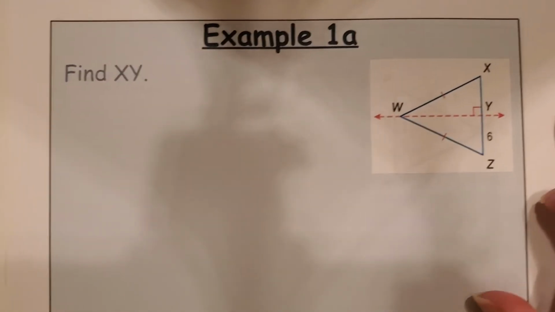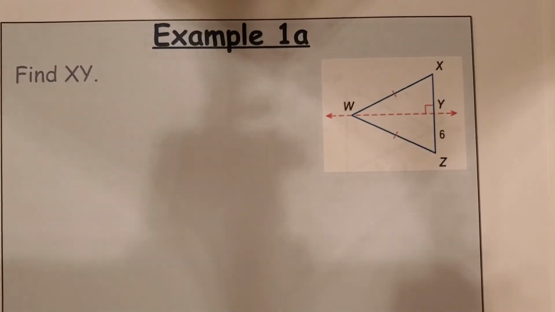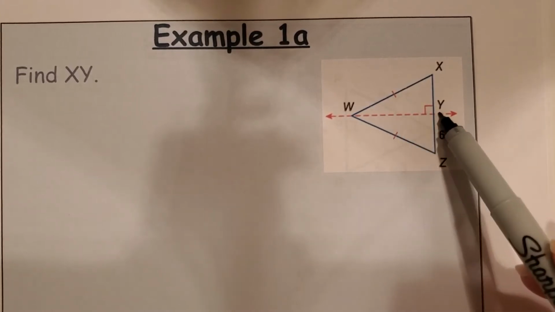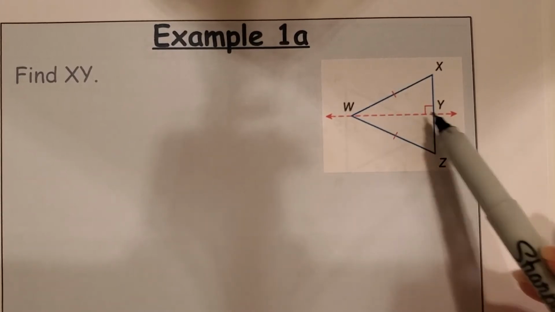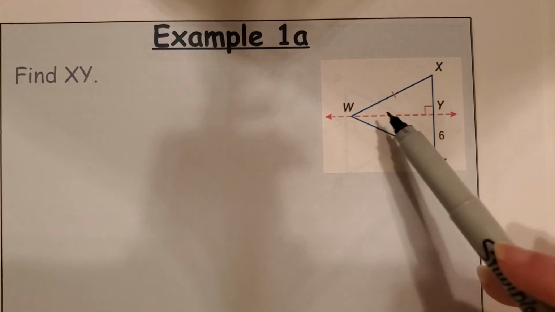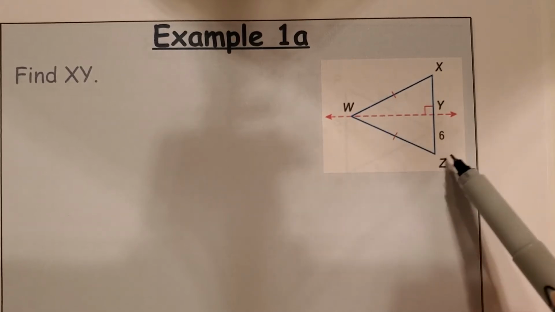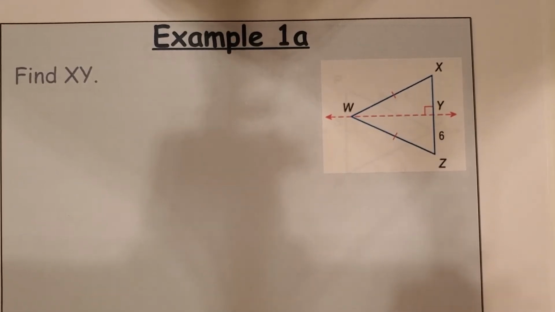Okay. We have a triangle here, and we have this line that's perpendicular to a side of the triangle, and we have WX congruent to WZ.